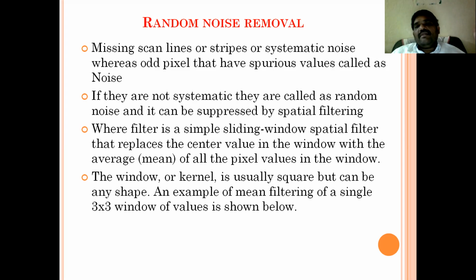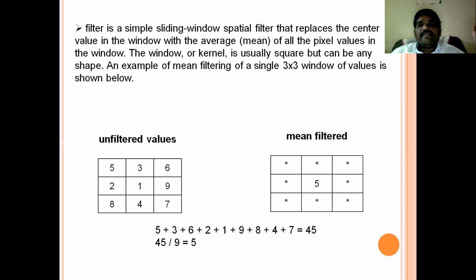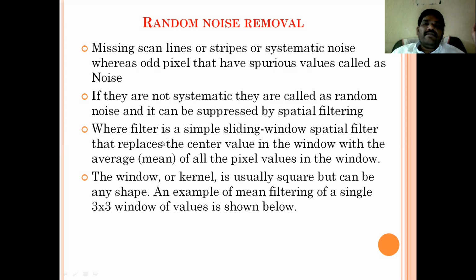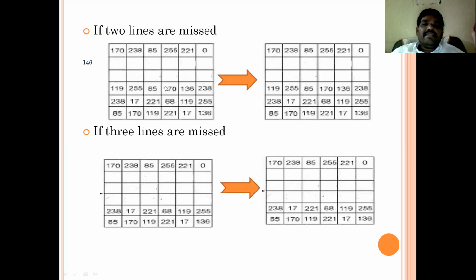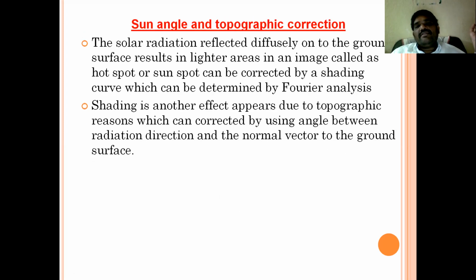And we can remove that random noise simply by adopting a 3 by 3 window like this. Simply, we are summing all the values of the digital numbers and dividing by 9, and the value whatever we got will be depicted in the part where we want to change the value. That is what about random noise removal.